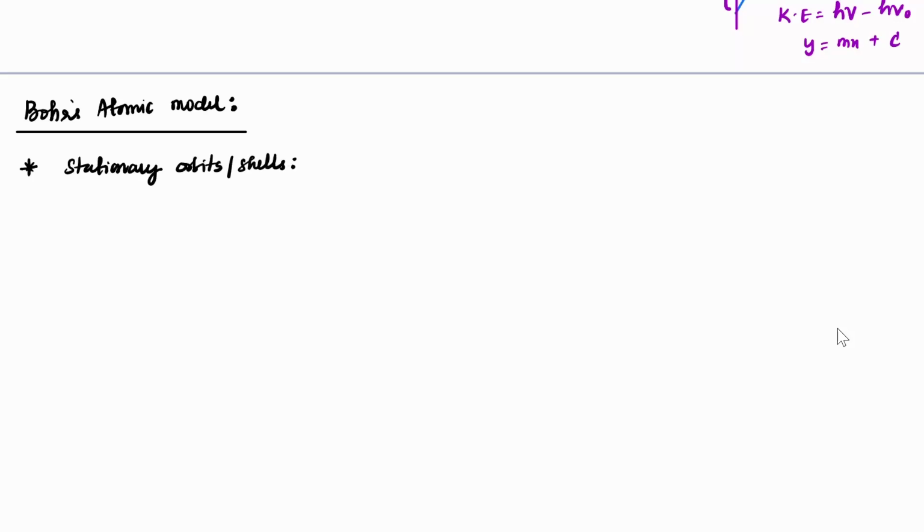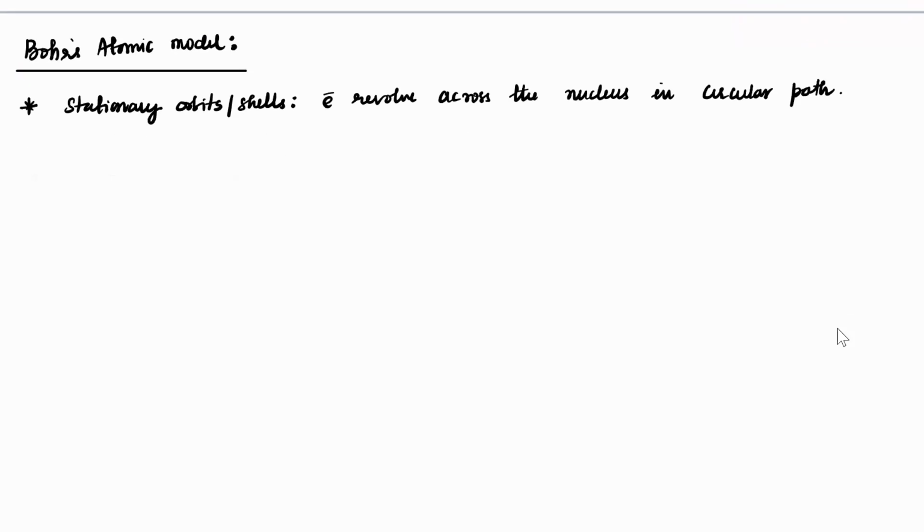Stationary shells means he believes that electrons revolve around the nucleus in a circular path. That circular path is what we call stationary orbits.